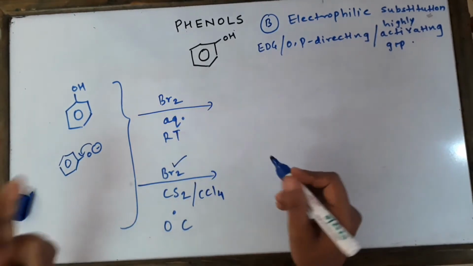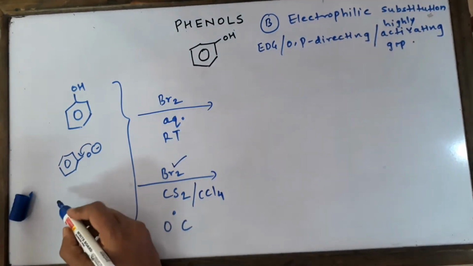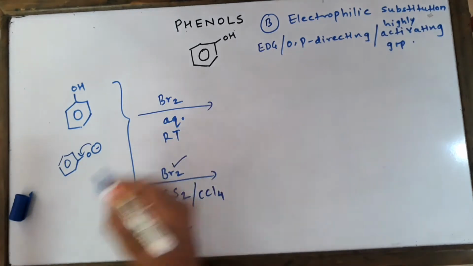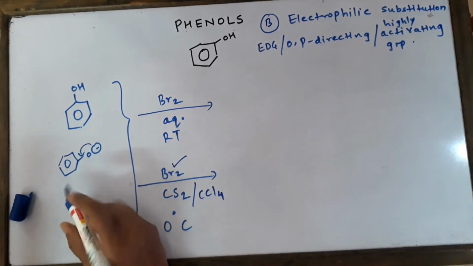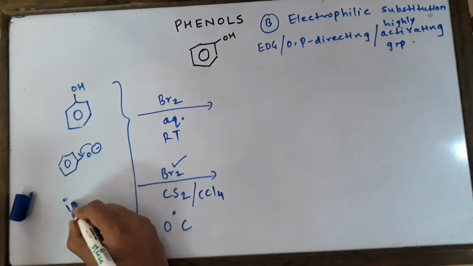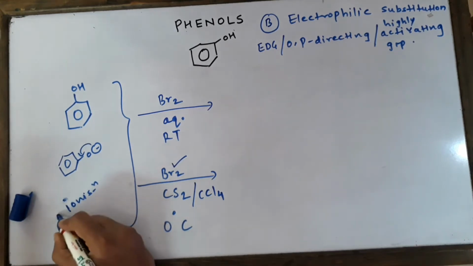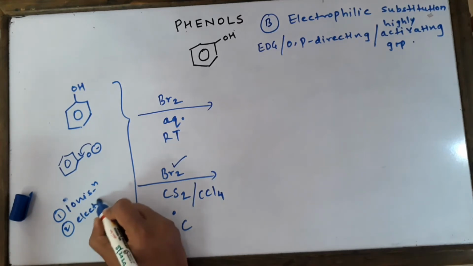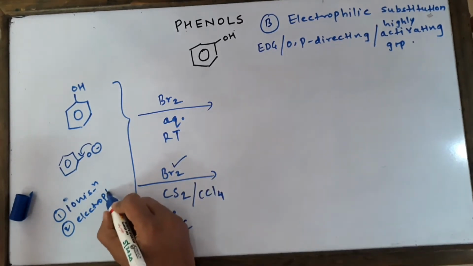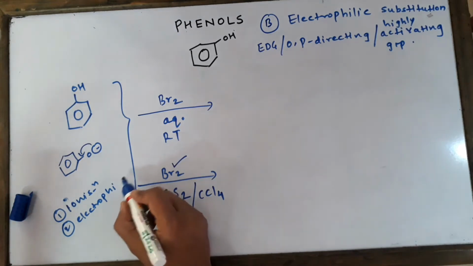So we're going to talk about 2 distinct important words in the board exam. The choice of solvent will decide 2 factors. Number 1, it will decide the ionization of phenol, and number 2, it will decide the electrophilic character of my reagent. What will I use? This electrophilic character.